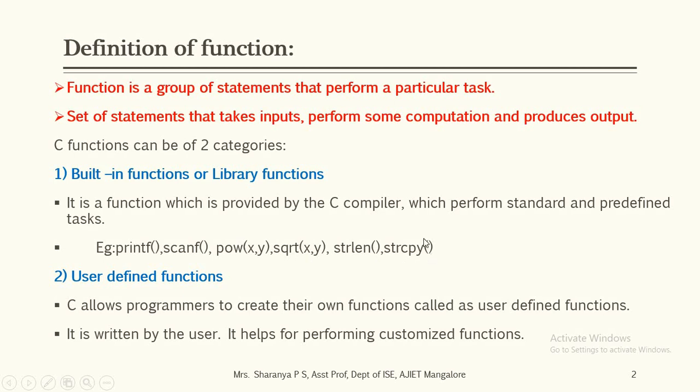These kinds of functions we call built-in functions or library functions. Here we are not bothered about writing the code for them; we just call those functions in the program, and the C compiler is responsible for referring to the code written in the header file and performing the operation. The next category is the user-defined function.